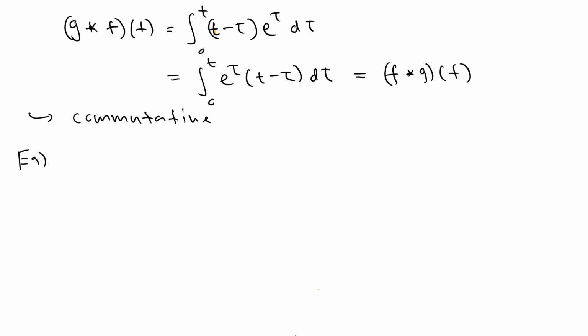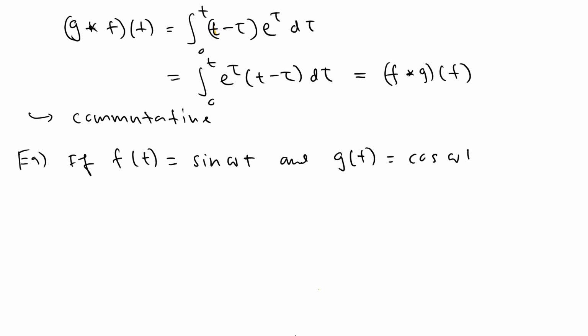Let's say we have f(t) equals sine omega t and g(t) equals cosine omega t. Let's try to find the product, because we know that f star g equals g star f, so we only need to find one of them. Let's try the definition. f star g equals, by the definition, the integral from 0 to t.